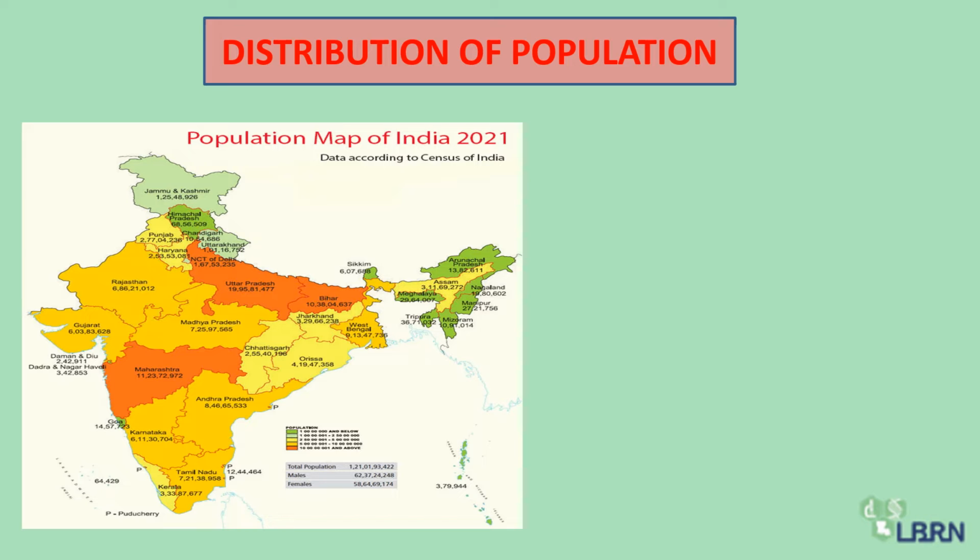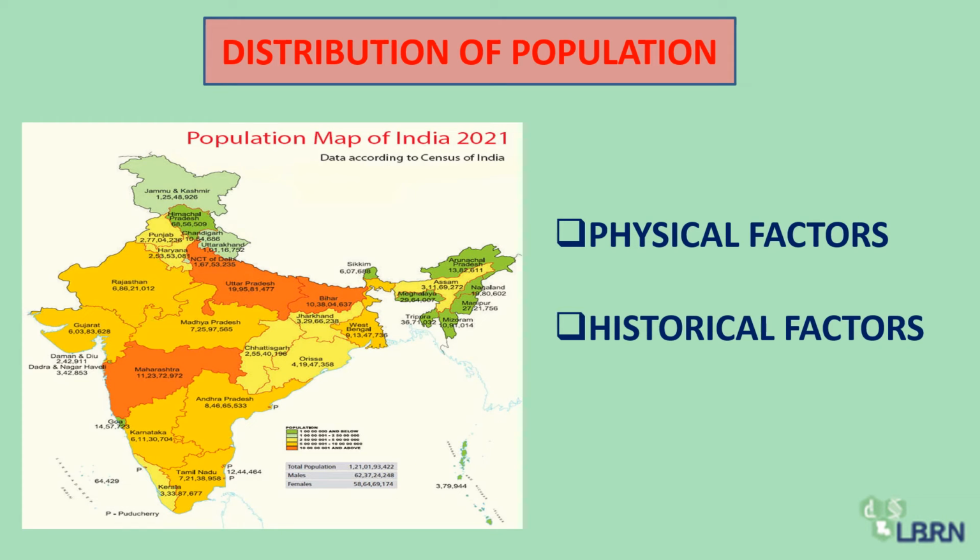Some of the factors influence the distribution of population, such as physical factors, historical factors, and economic factors. The physical factors include temperature, types of rainfall, types of soil, types of landform, water sources, natural vegetation, distribution of minerals, and availability of energy resources.